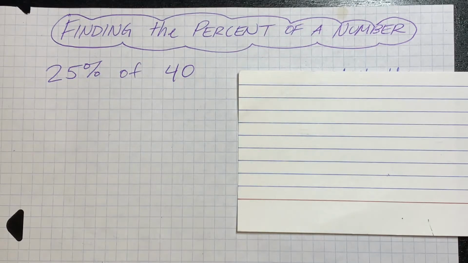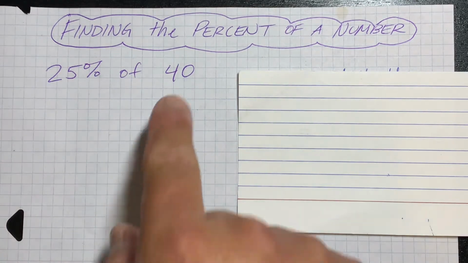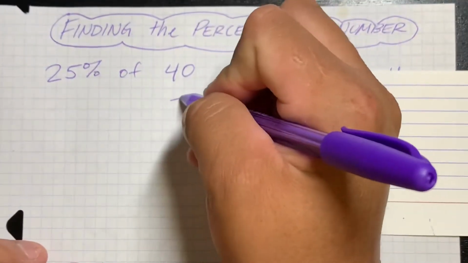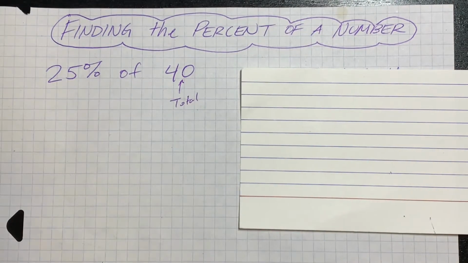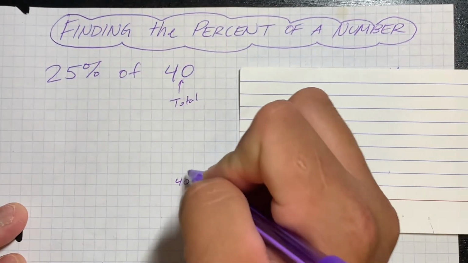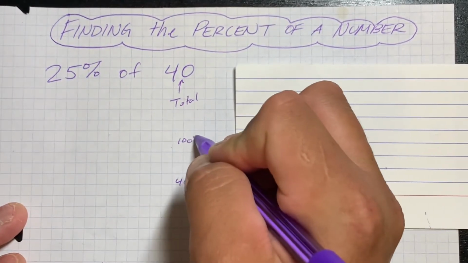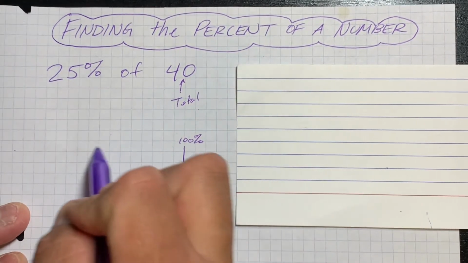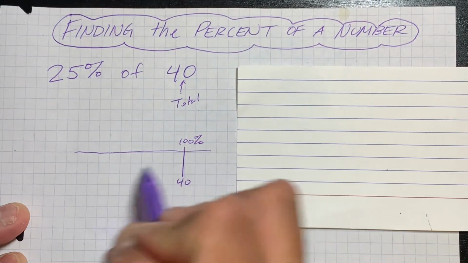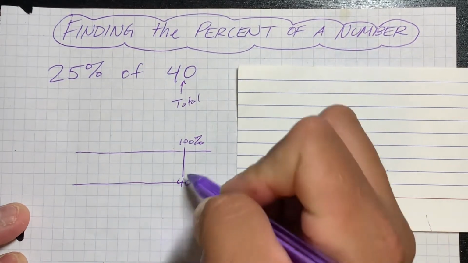Now, when we find the percent of a number, we have the total number. So the total here is the number 40. So we want to know what is 25% of 40. So if 40 here is 100%, and we create and model a double number line.